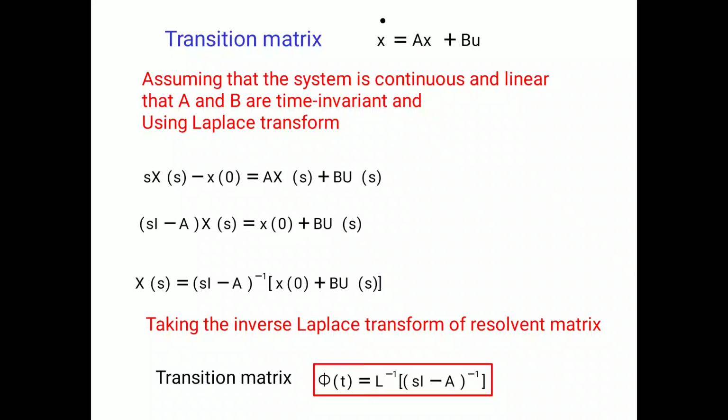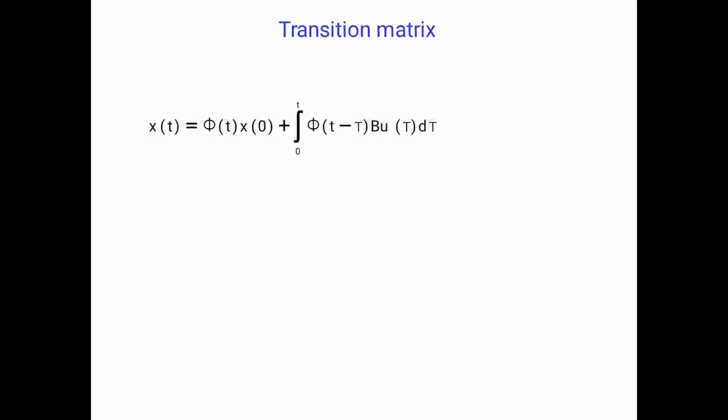Here A is the system matrix, which we need to find out, and its Laplace inverse of (sI minus A) inverse is nothing but the state transition matrix. So we need to find the inverse of sI minus A, and then find the inverse Laplace of the same to get the state transition matrix.